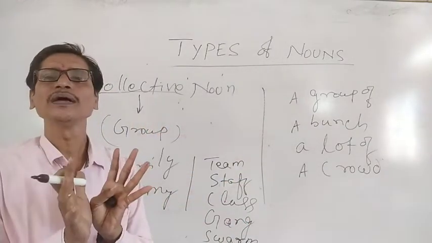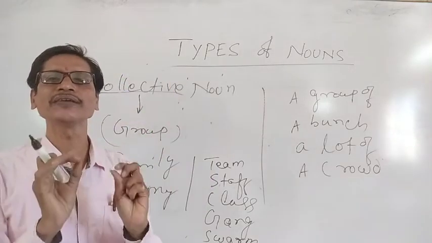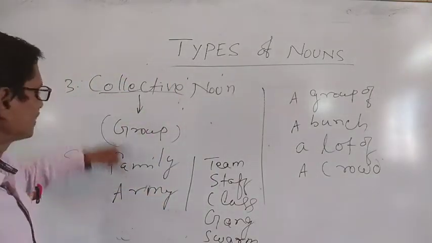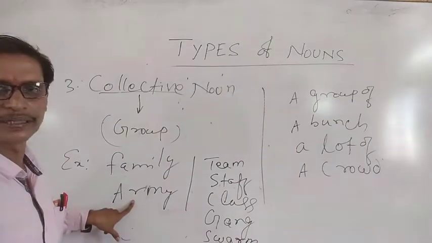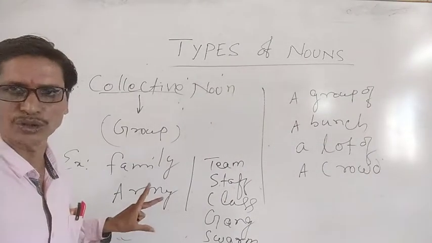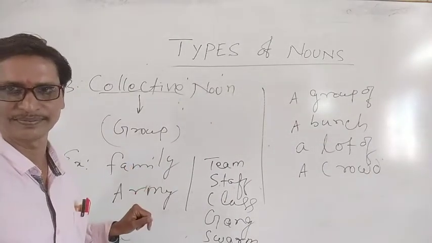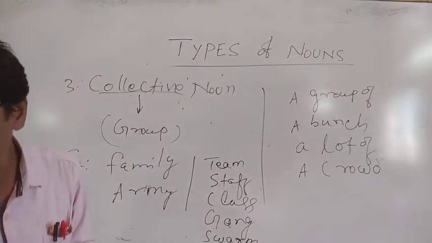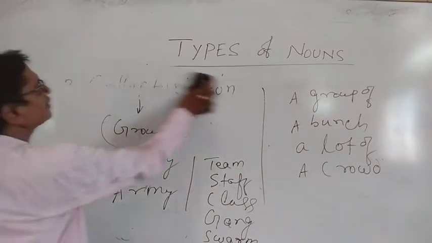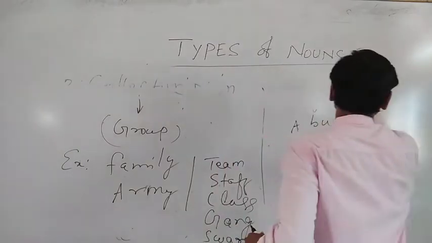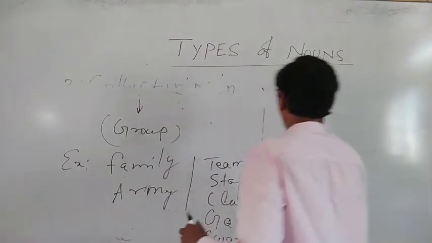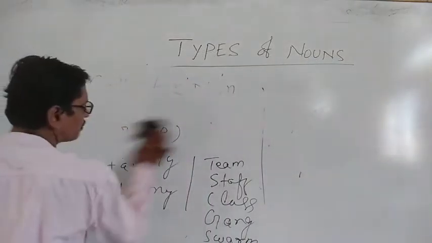to make a group, and the entire group is collectively given a name. For example, family, army, all those discussions we did. Next, the next type of noun we discuss is countable and uncountable noun.